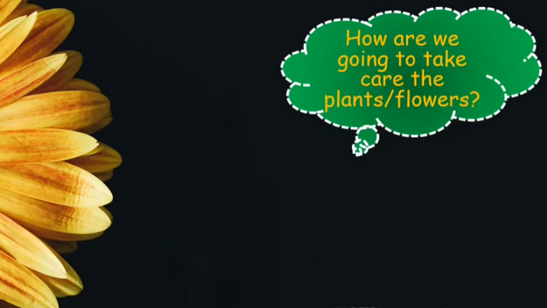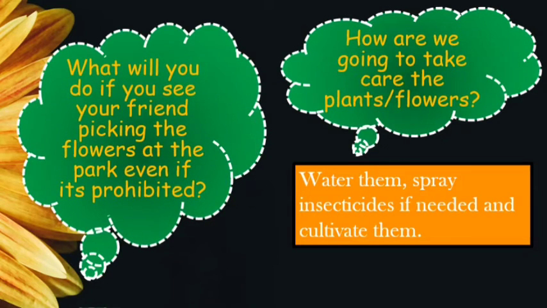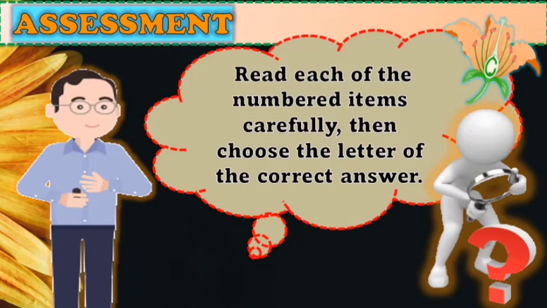How are we going to take care of the plants or flowers? Water them, spray insecticides if needed, and cultivate them. What will you do if you see your friend picking the flowers at the park even if it's prohibited? What are you going to do?